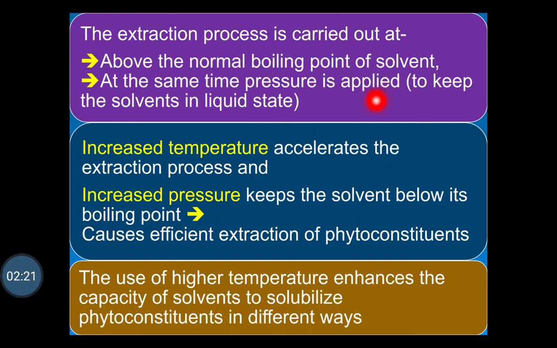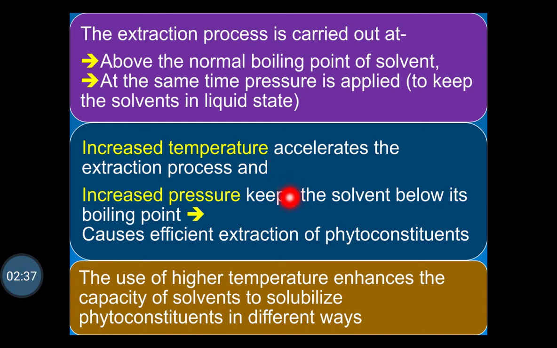In case of this pressurized liquid extraction, increased temperature accelerates the extraction process. As we know, as there is an increase in the temperature, the rate of extraction of the phytoconstituents gets increased.